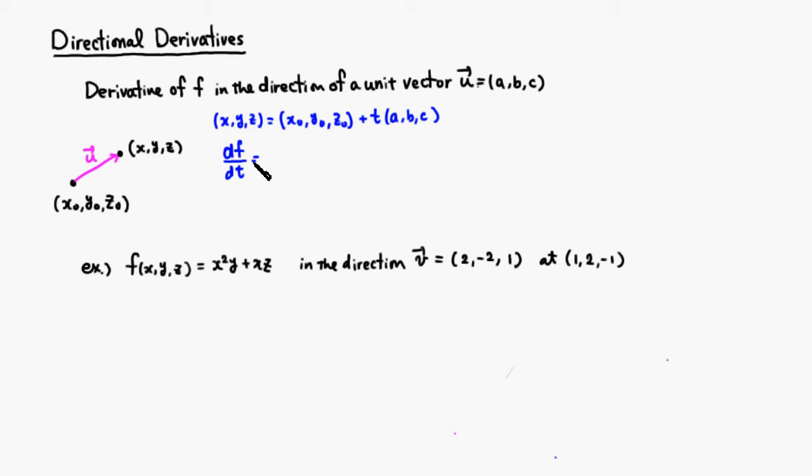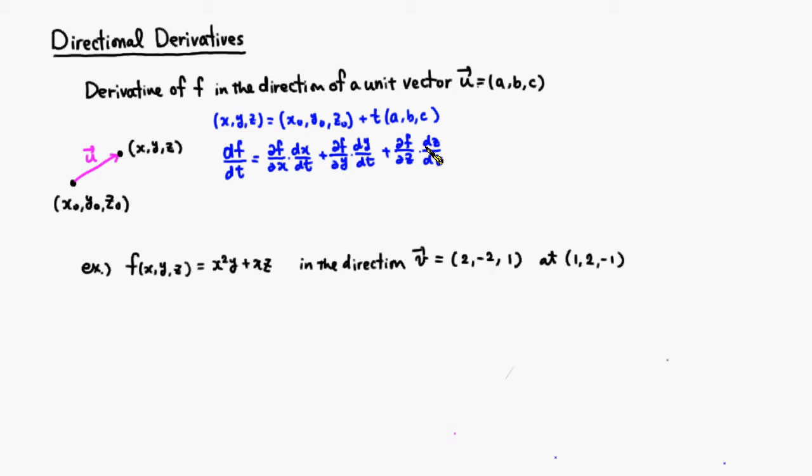Then we know that we would have to do the partial of f with respect to x multiplied by the derivative of x with respect to t, plus the partial of f with respect to y times the derivative of y with respect to t, plus the partial of f with respect to z times the derivative of z with respect to t.